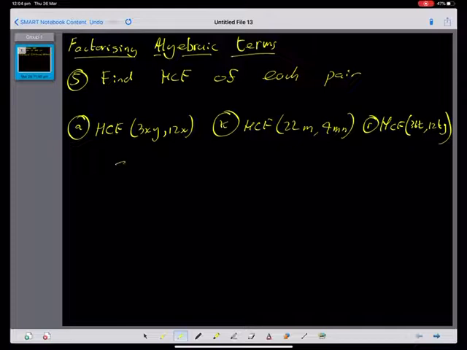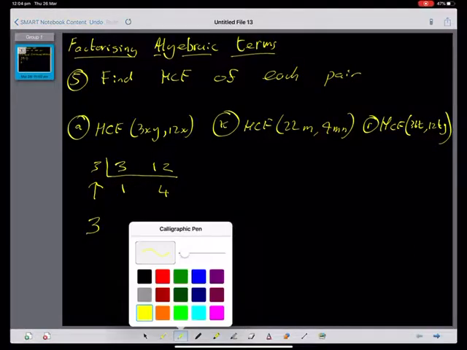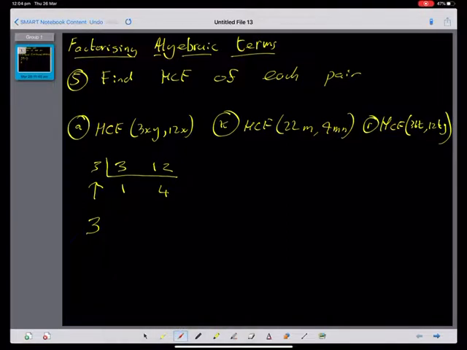So we've got 3 and 12. 2 doesn't go in, 3 does, to get 1 and 4. So the highest common factor is 3, and we've only got an x term common in both. So that means that our factor is going to be 3x.